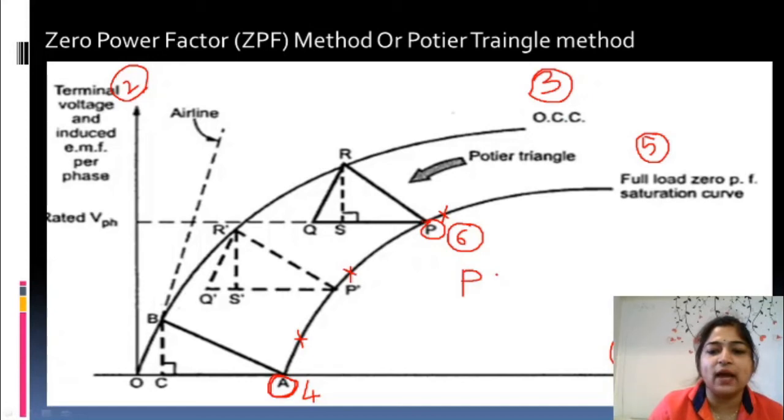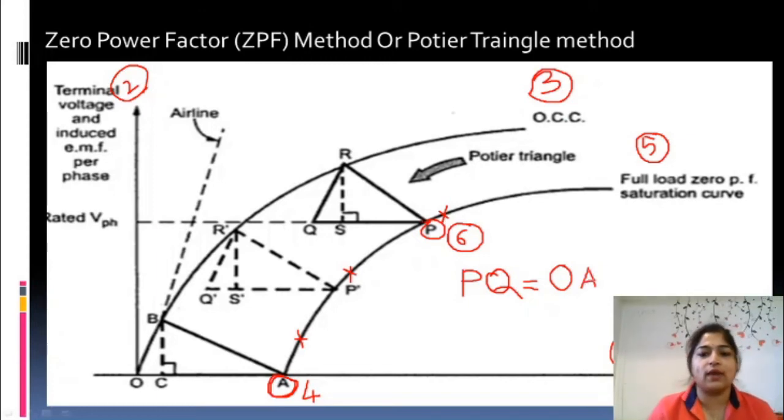So I can write here that PQ, a horizontal line parallel to the x-axis, equals OA.